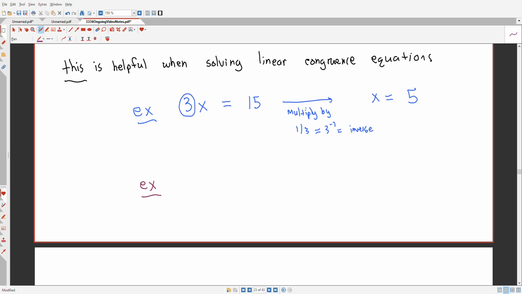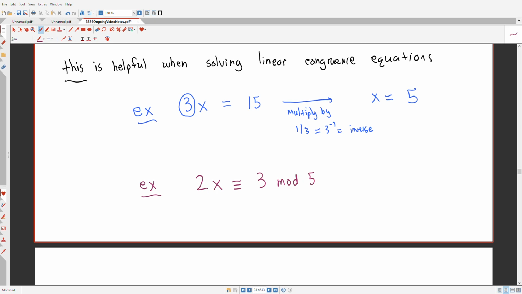If I have something like 2x is congruent to 3 mod 5.